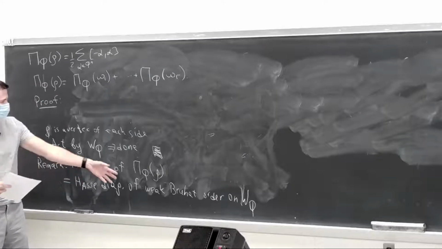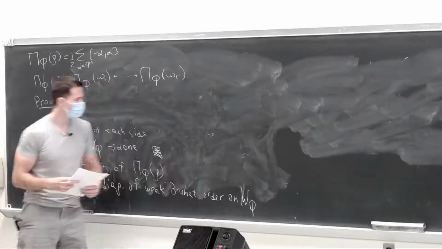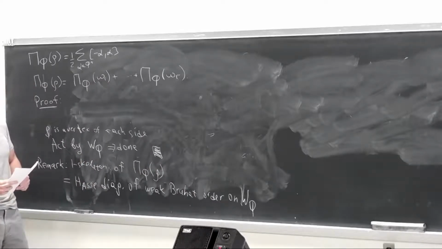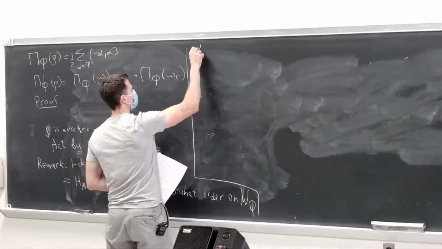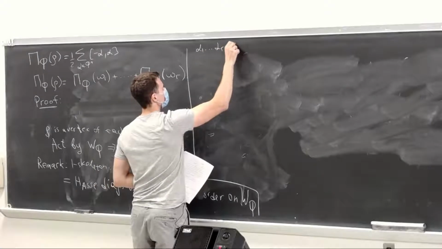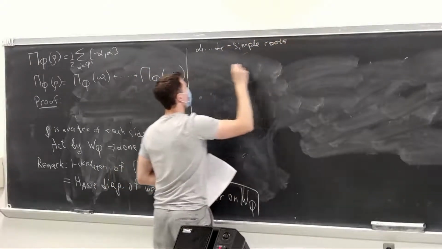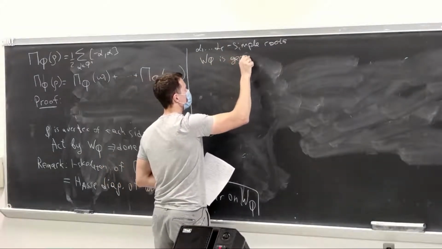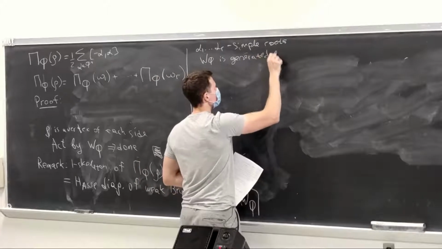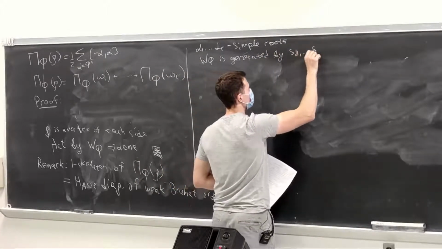So, I haven't defined the weak Bruhat order on W, but it's a very natural generalization of the symmetric group. So if you have alpha 1 through alpha r simple roots, then W is generated by S alpha 1 through S alpha r.